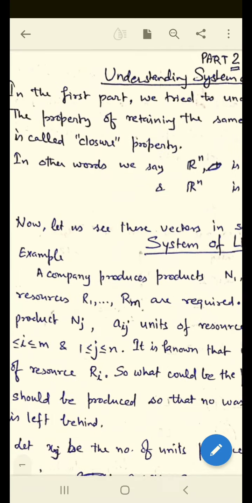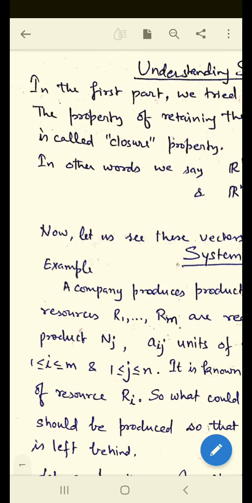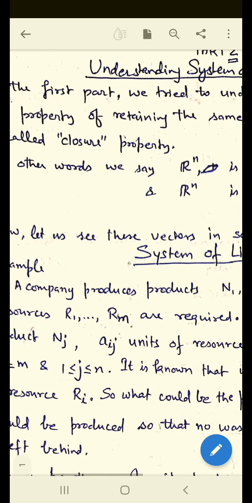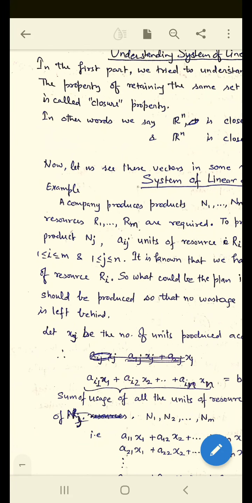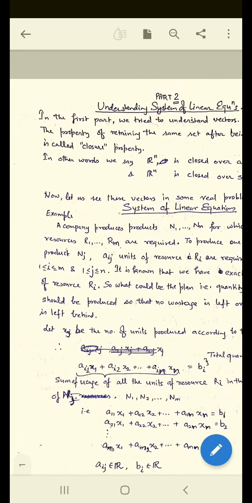The resultant value should remain closed in the same set, and then it is called a vector. That is the conceptual definition of vectors, a very generic definition.